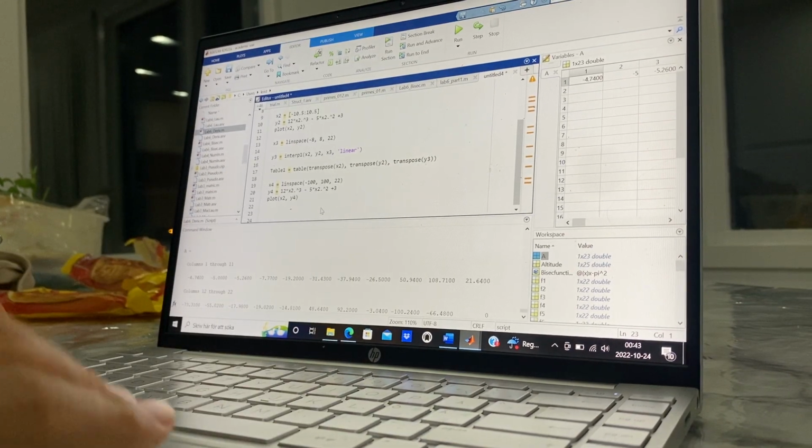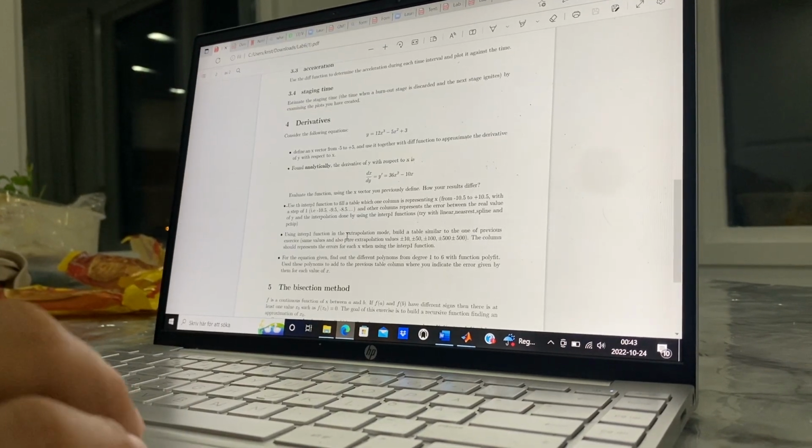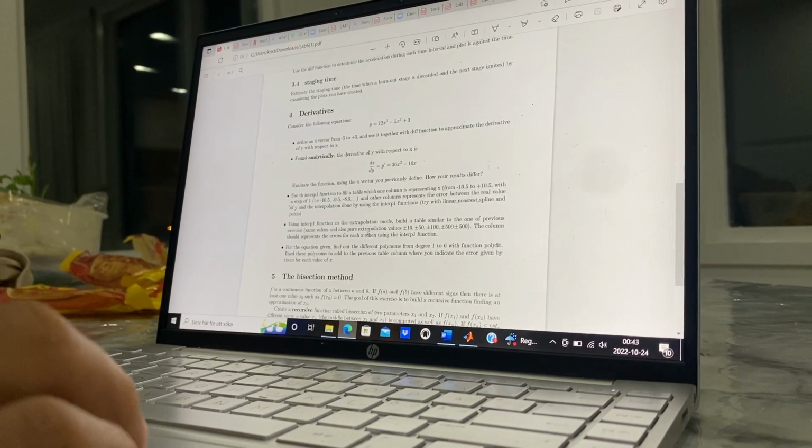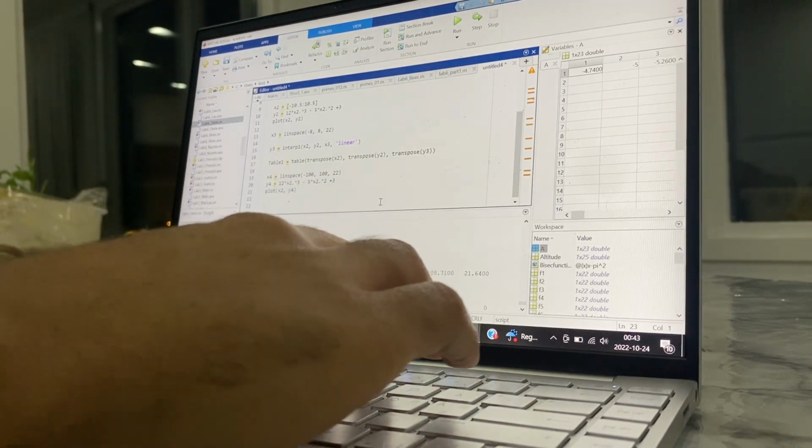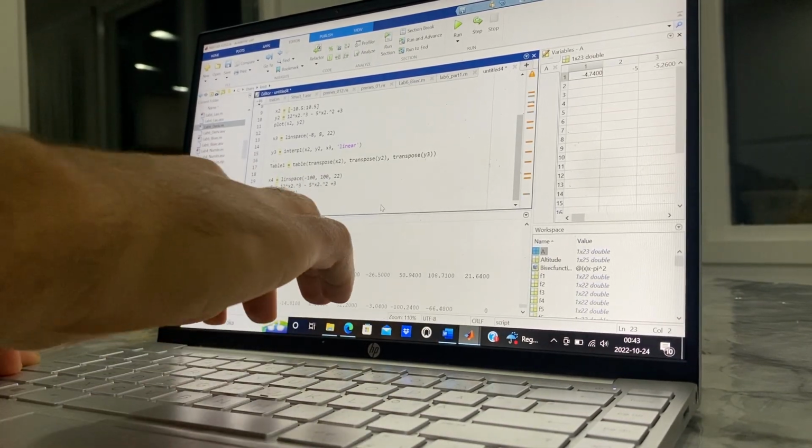And this time I will use the interp1 function, it says in the elaboration, in the extrapolation mode. So I'm gonna do that by calling a new interp1 function.